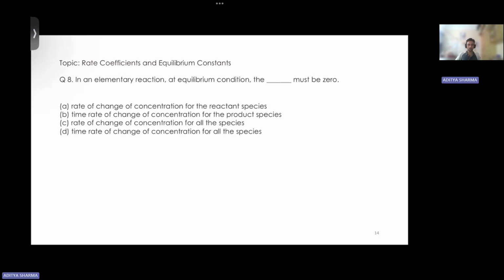The question basically is on the equilibrium condition that we see in an elementary reaction. Okay, so if you know the way in which we define the equilibrium condition, then you will be able to answer this question. So please see this.